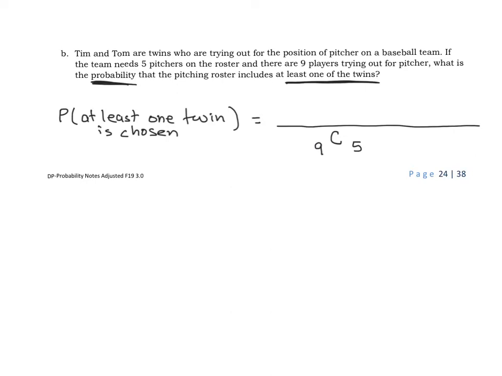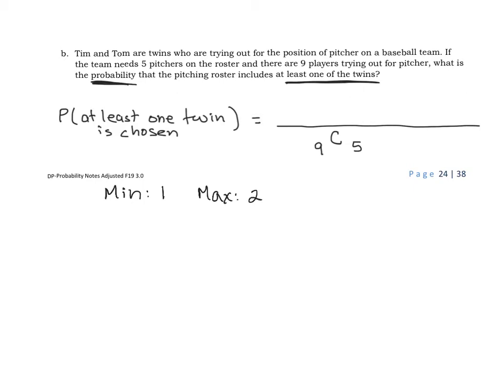So in the numerator, we were saying at least one twin is chosen. So what is at least one? Well, what's our minimum? At least one means 1 is the smallest number. And then what's the maximum? Well, there's only 2 twins, so that's going to be our maximum.